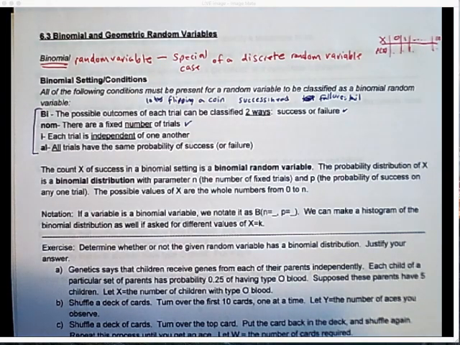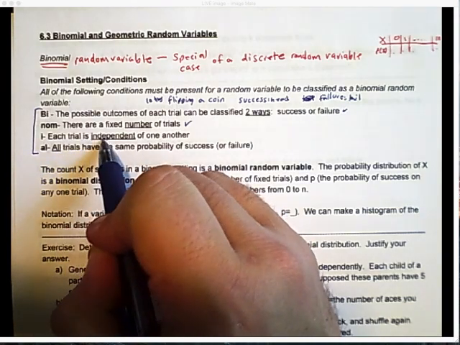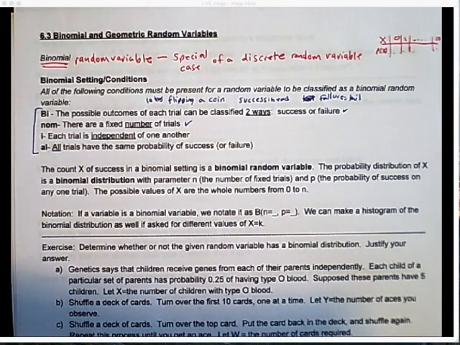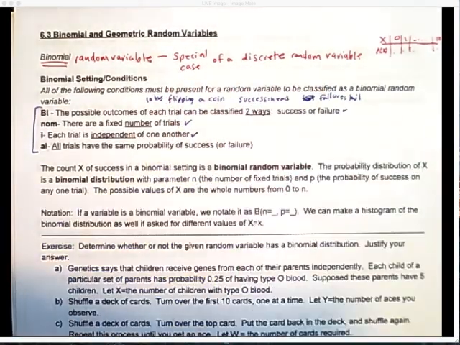There's 10 flips. Now, I stands for independent. Is each trial independent of one another? When I flip a coin a first time and a second time, does the result of the first flip influence the result of the second flip? The answer is no, so the coin flips are all independent of one another.